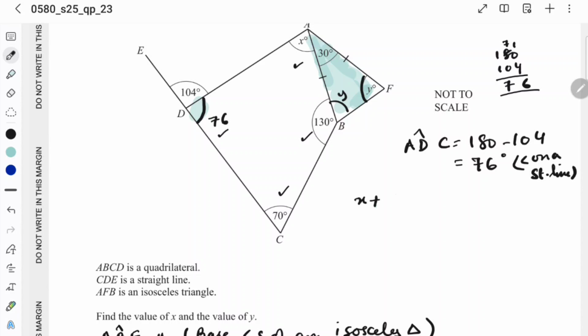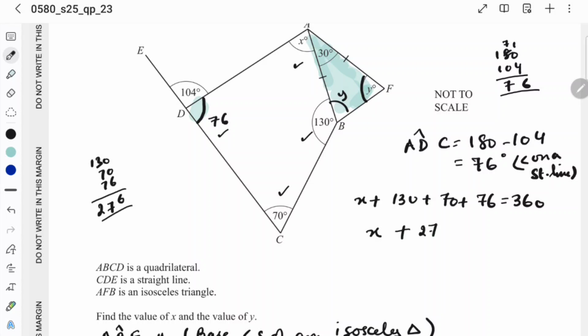So just add 130, 70 and 76 together: 6, 7, 7, 14, 15, 16, 17, and then 1 over there. So this is 276. x plus 276 is equal to 360.